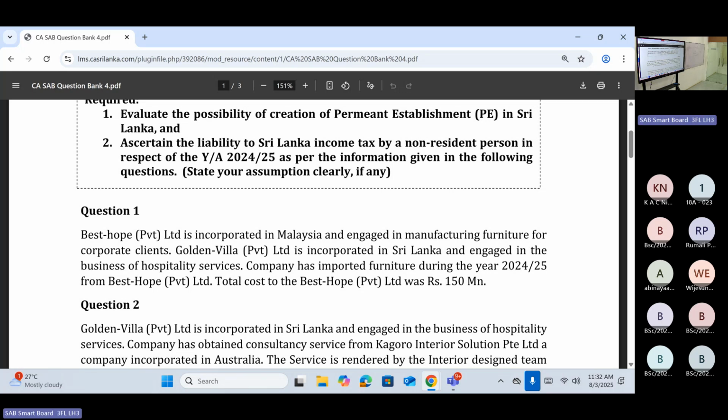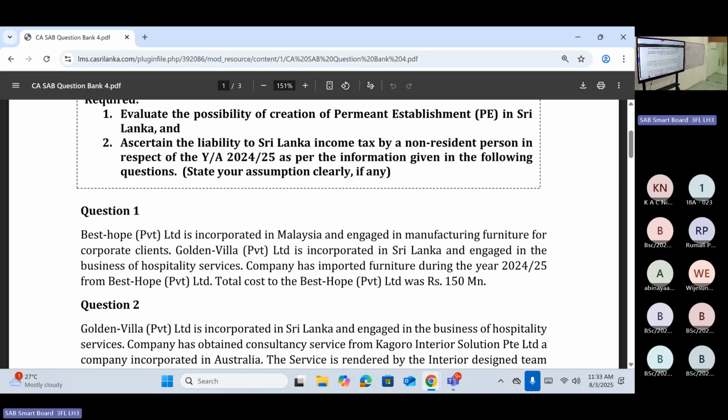To have tax for the non-resident person, there should be a source in Sri Lanka. Income should be derived from a source in Sri Lanka. But they manufacture the furniture and send it to Sri Lanka. Section 72 or 73 covers a source in Sri Lanka, such as employment exercised in Sri Lanka, or a resident person making a payment from Sri Lanka.